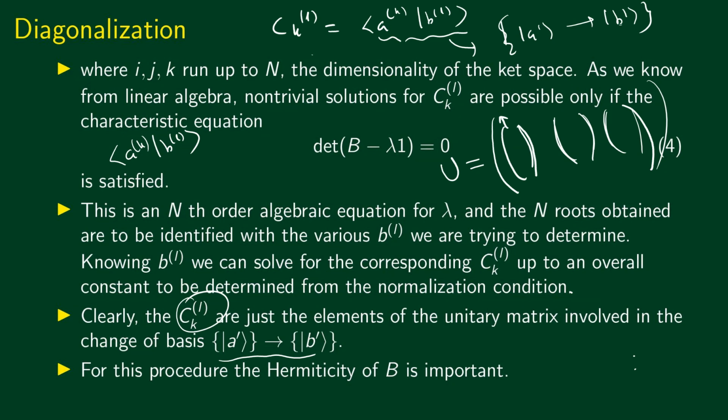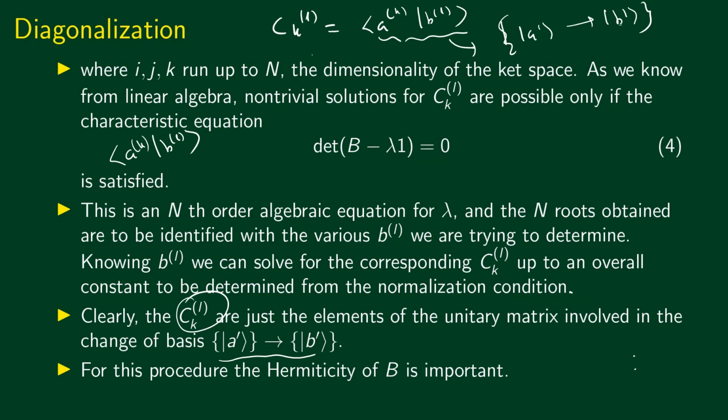So here we can construct the unitary transformation, or the unitary operator, that diagonalizes B by simply arranging the eigenkets of B. When I say eigenkets of B, I actually mean the column matrices that represent these eigenkets in the A basis. So finding the eigenvalues and eigenkets is equivalent to finding the unitary transformation that diagonalizes B.